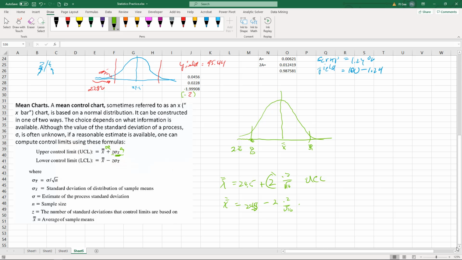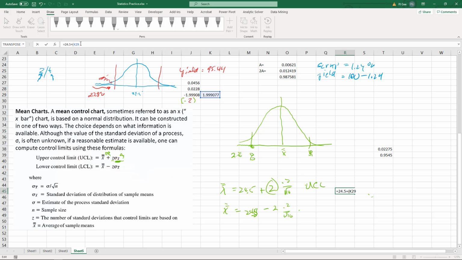So let's figure out what those numbers are. I'm actually going to use the real number we came up with. Remember, I said it's almost minus 2. So I'm going to use the real numbers here. That's just equal to 24.5 plus our z times 0.2 over the square root of 16. We have to finish off all our parentheses here. And we get 24.59999, so it's probably 24.6.